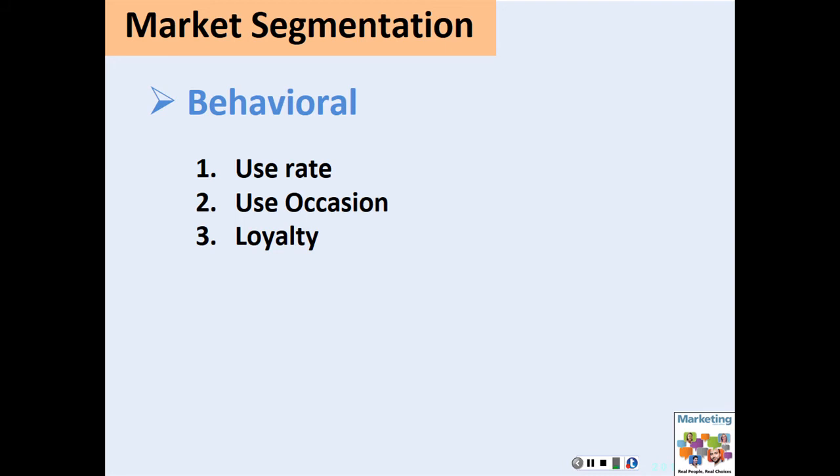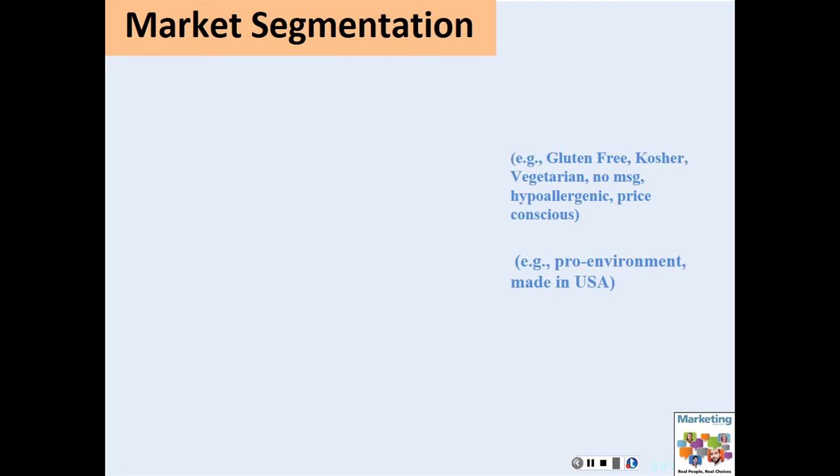We could do promotion for light users. We may decide not to do any promotion for heavy users, because we would be able to undertake a different marketing action for different segments based on their loyalty, based on the use occasion, based on the use rate. This basis of segmenting the market also becomes very useful.